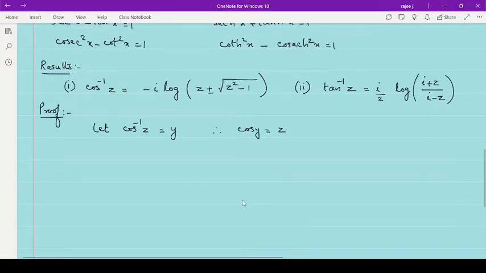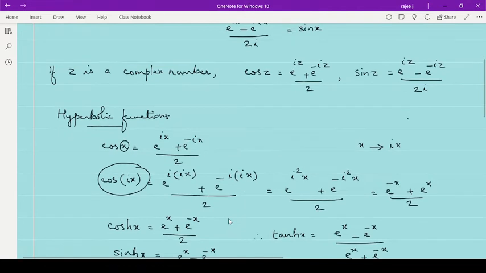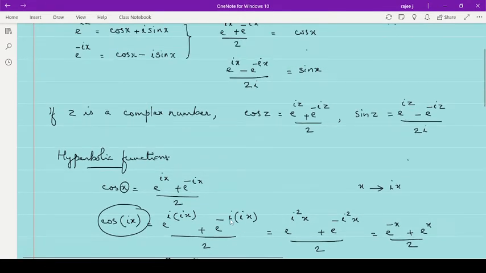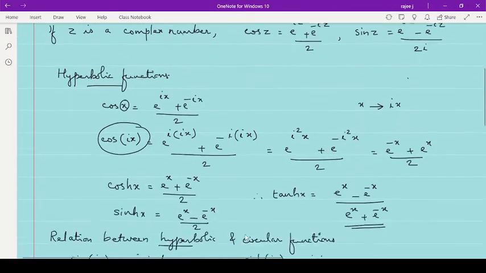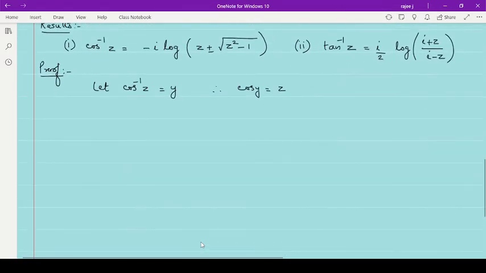Now we know the formula for cos x: cos x is e raised to ix plus e raised to minus ix upon 2. So using that formula, we will simplify this. So I will write here cos y equal to z, that is cos y means e raised to iy plus e raised to minus iy.